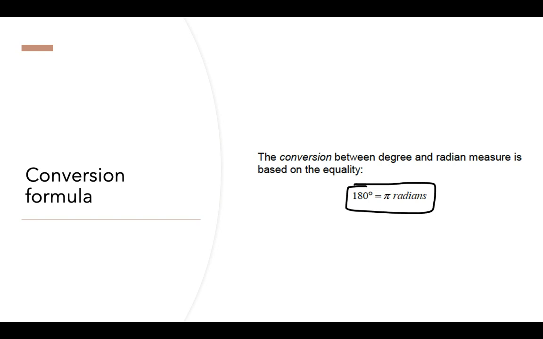If I want to convert into degrees, the degree has to be at the top. Rearranging this formula, it's 180 over pi. This is a conversion multiplier you multiply by to change from radians to degrees, because this is equal to a radian.